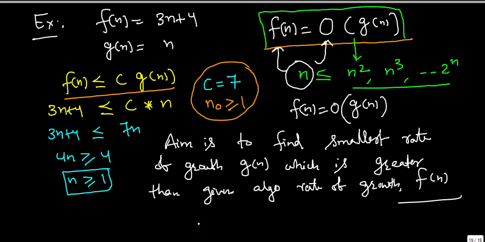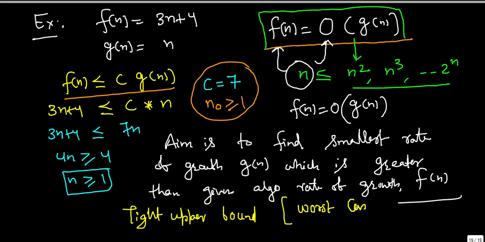So that means our aim is to find a tight upper bound, and when we find a tight upper bound on a function, we also say that this is the worst case running time of an algorithm. In our next tutorial, we will be discussing big omega notation.